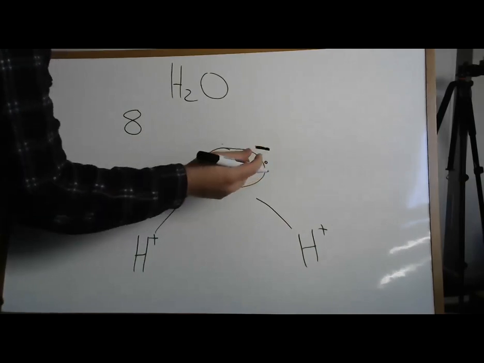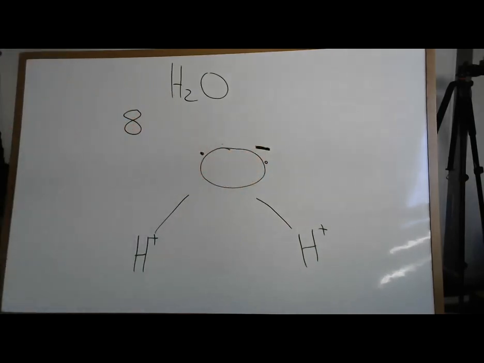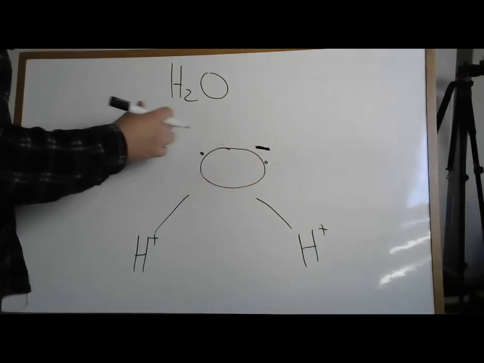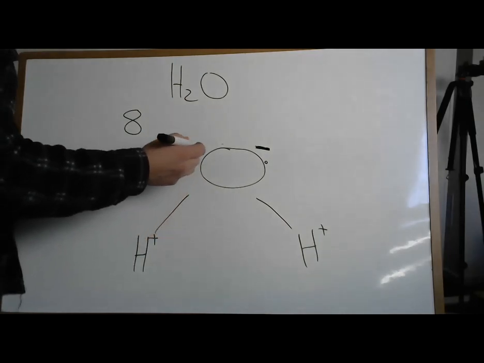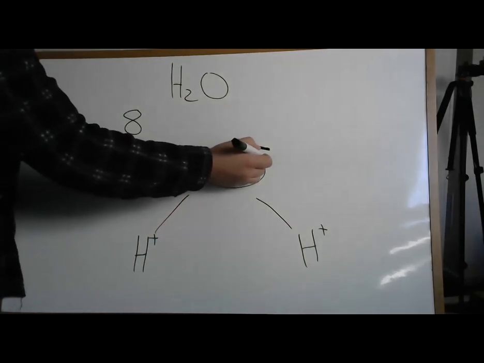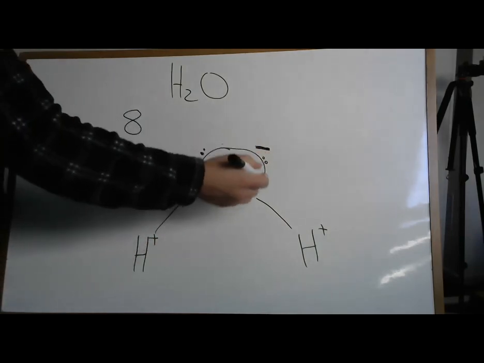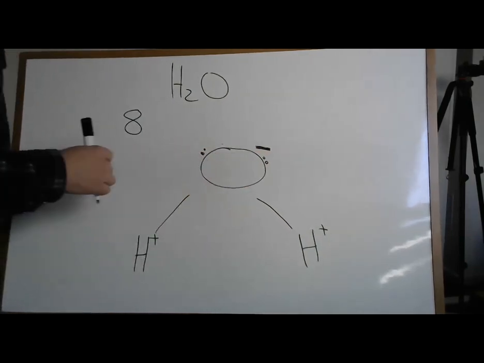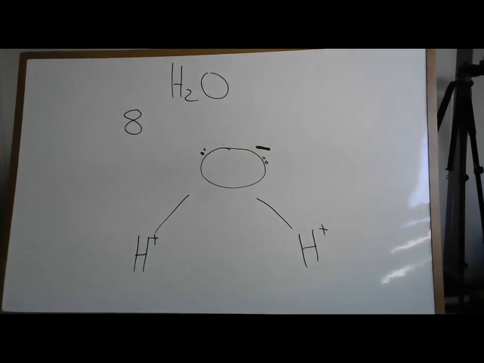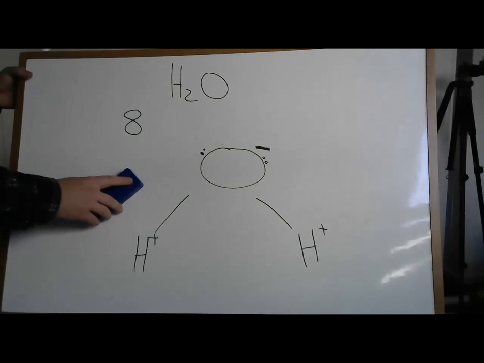So I'm not going to go any deeper than that, just jumping ahead. But a polar molecule like water will end up with all of the electrons around here. Hydrogen is positively charged. Oxygen comes negatively charged.